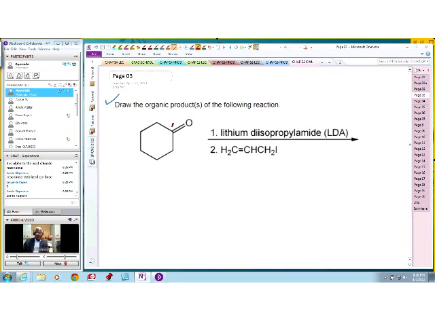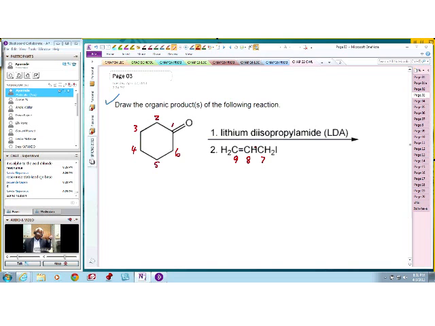So let me go ahead and label this carbon here: 1, 2, 3, 4, 5, and 6. Now let me also label this here. Let us say this carbon here is 7. This carbon is 8. This carbon is 9.